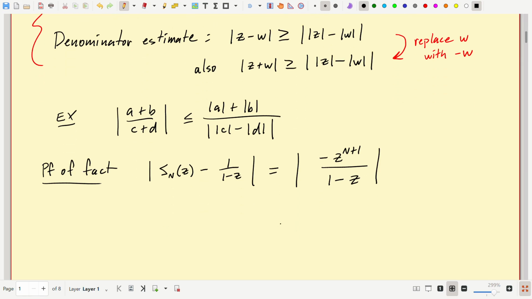And that's going to be less than or equal to, let's see, on the top, I'll have a z to the n plus 1. That's going to be the key. That's going to go to 0 nicely when mod z is less than 1. But on the bottom, I would have a 1 minus the modulus of z absolute value.